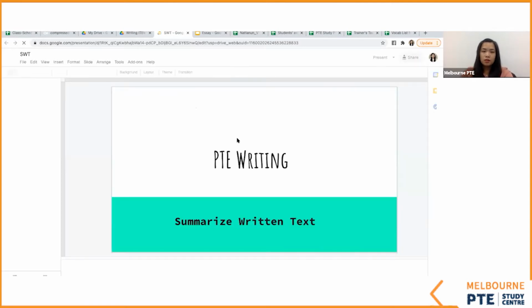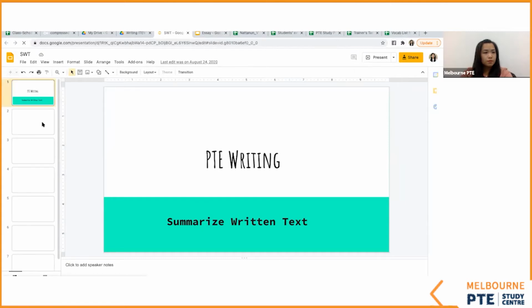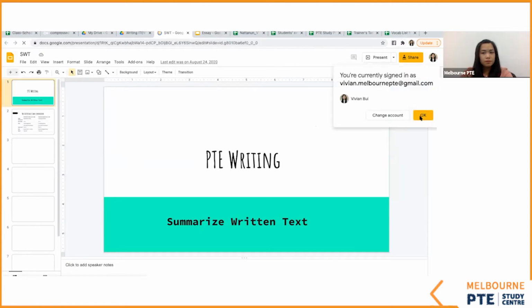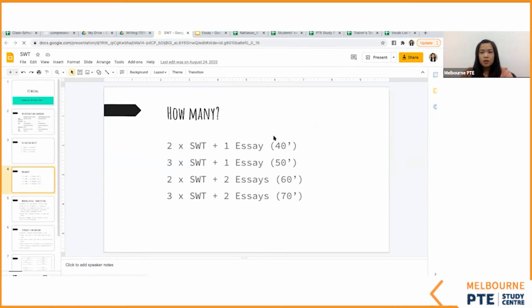There's nothing wrong with asking if you have doubt or you are confused. So this is something I want to show you. Now, this is how it works for the computer to allocate how many essays in your exam.